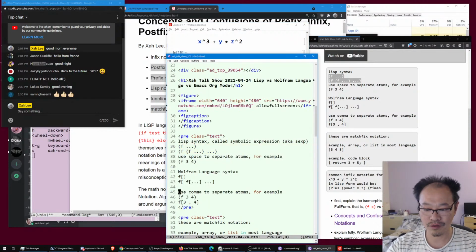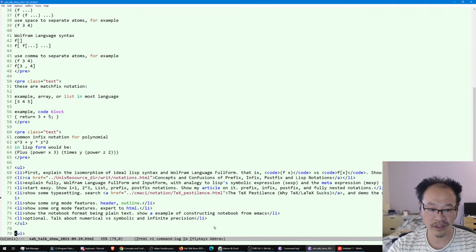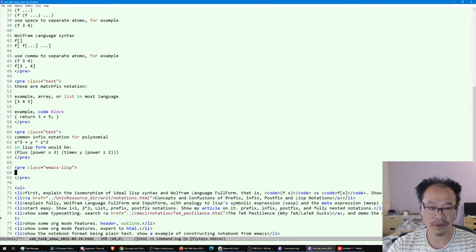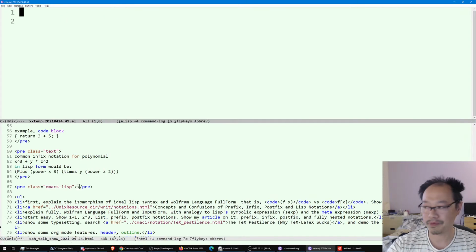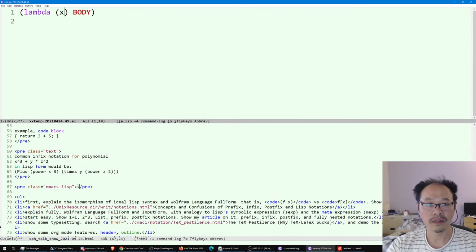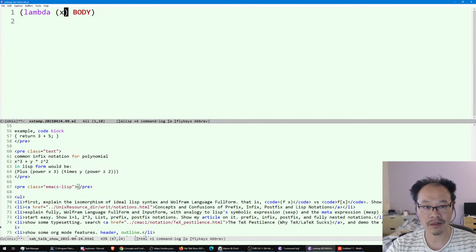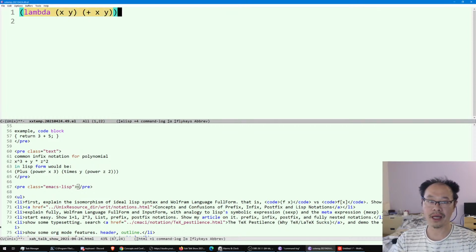Let's do an actual example of Lisp coding. Let's start Emacs Lisp. So I type lambda. Let's say I want to create a function that adds the two arguments. Lambda (y x), and here the return will be the sum. That's how I define a lambda.